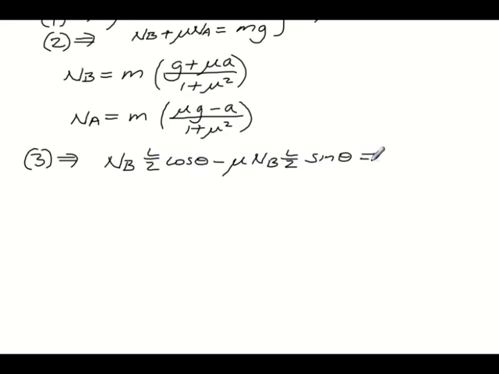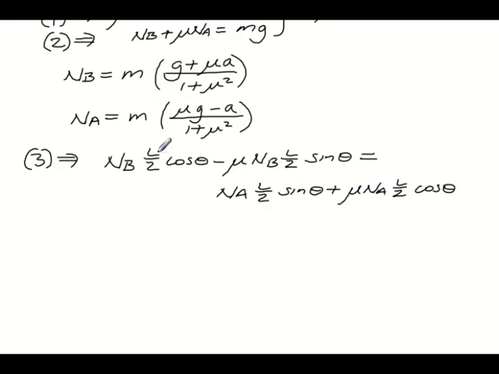And then all my NA terms on the right side give me NA L over 2 sine theta plus mu NA L over 2 cosine theta.